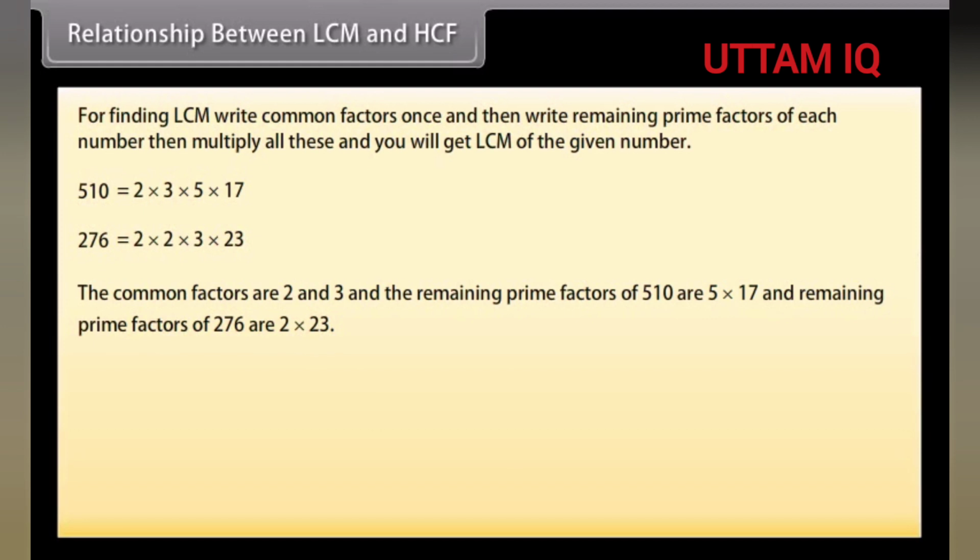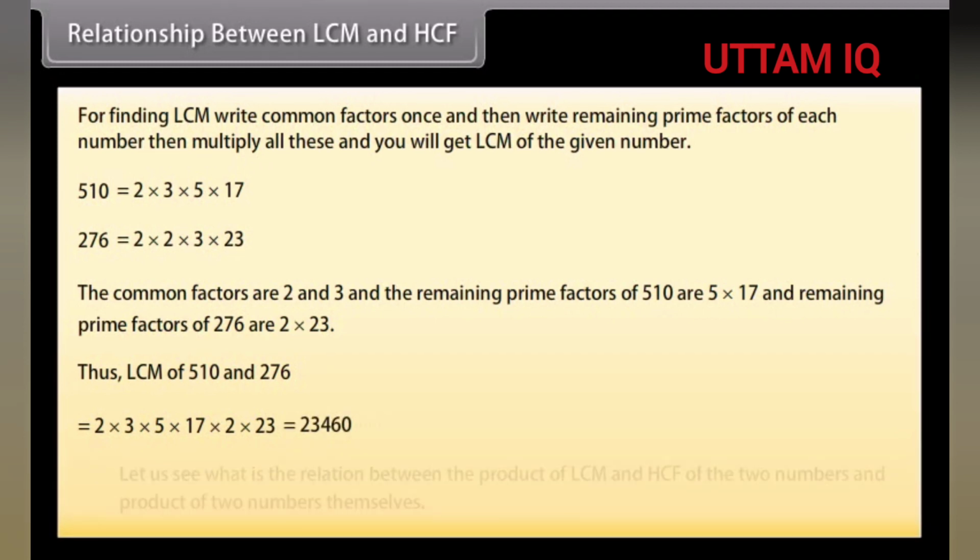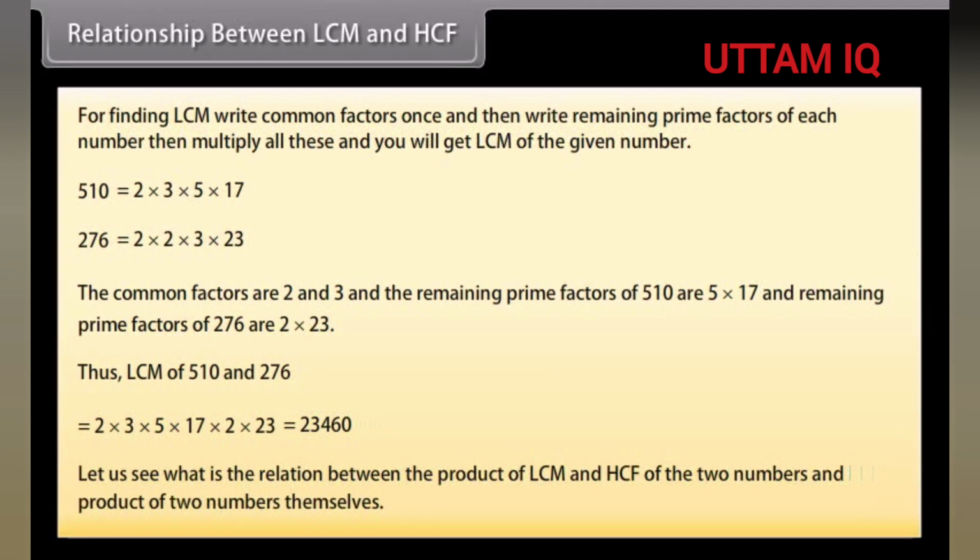The common factors are 2 and 3, the remaining prime factors of 510 are 5 into 17, and the remaining prime factors of 276 are 2 into 23. Thus, LCM of 510 and 276 is equal to 2 into 3 into 5 into 17 into 2 into 23 equals 23,460.